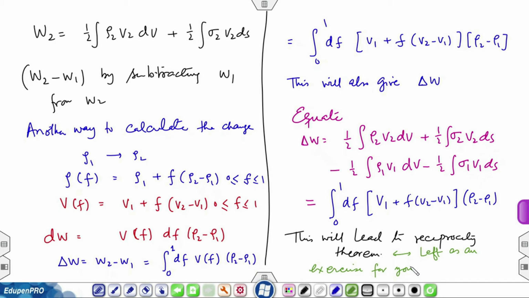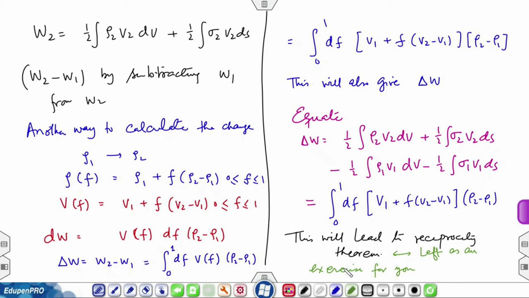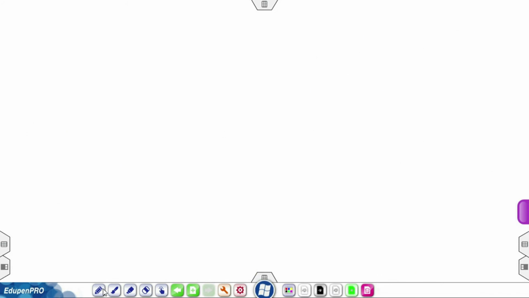You will also find during the exercise that I have left one term here. There should be one more term related to sigma term. There will be a sigma term also. That will give you the reciprocity theorem. Let us use this theorem once more to solve another problem, part of which we did earlier.